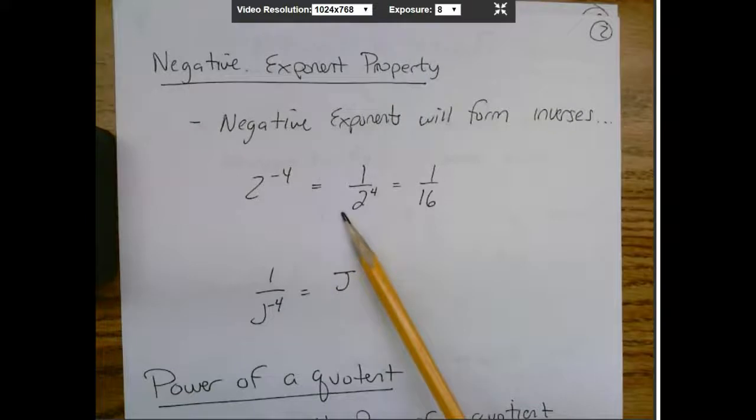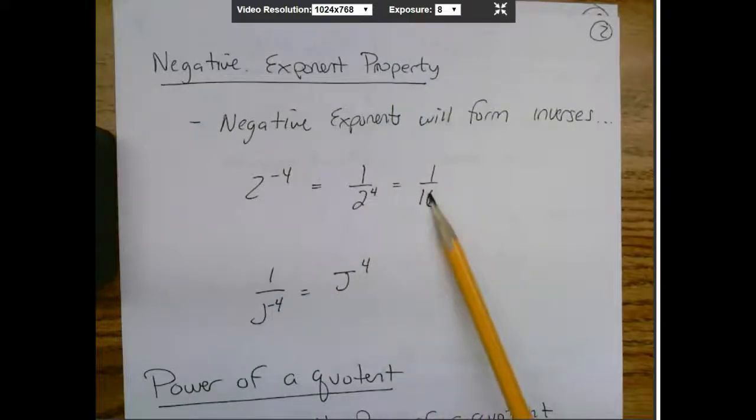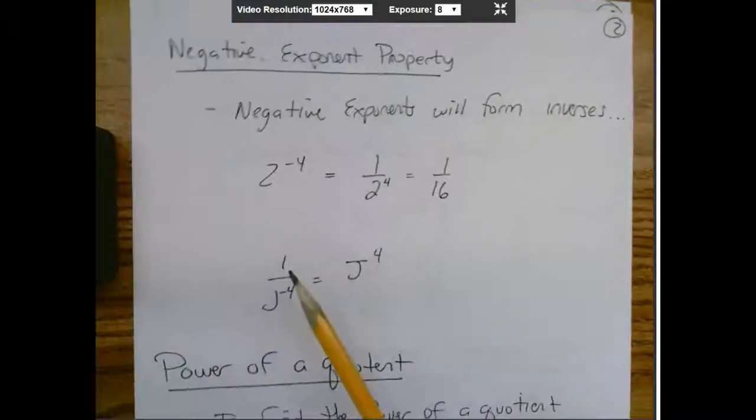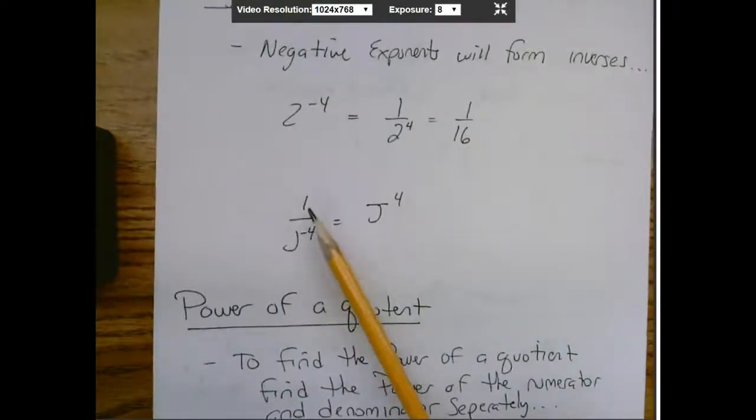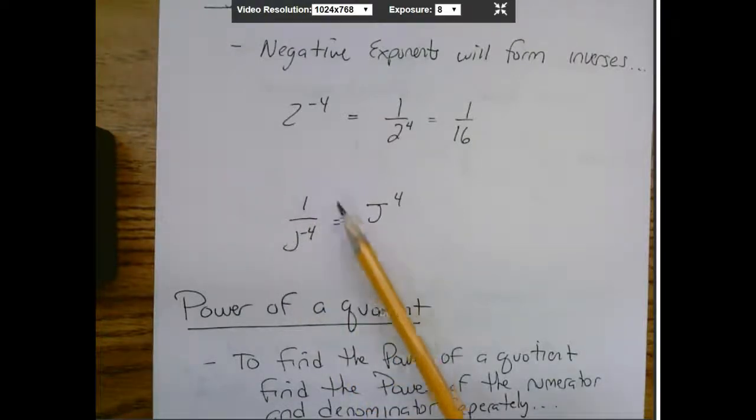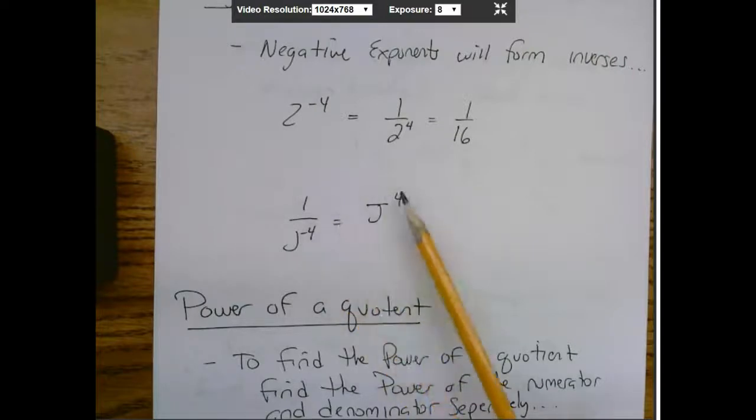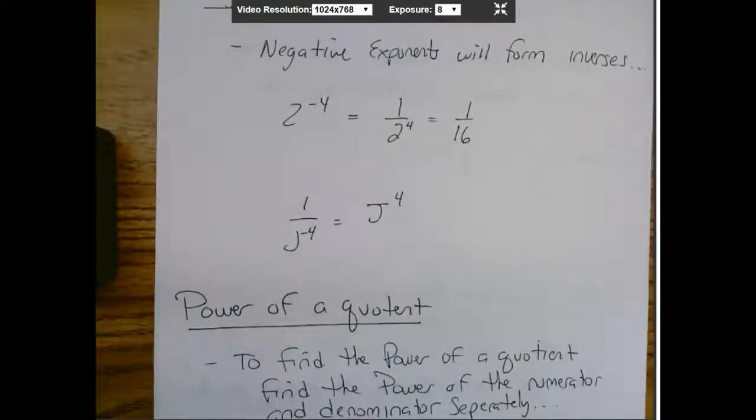And then we can just do the 2 to the fourth, and that would be 1 over 16. So it's a fraction is what we're looking at. If we had something a little bit different, if we already had a fraction, 1 over j to the negative fourth, this would then be the inverse, which would be j to the fourth. Okay, that's a couple examples there of the negative exponent property. You're just going to do inverses.